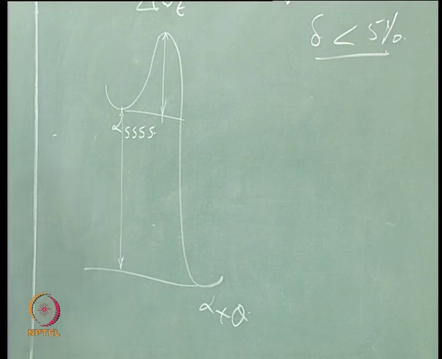So what the system does is, it chooses that particular structure which has a lower activation barrier. That means a lower combination of these two.